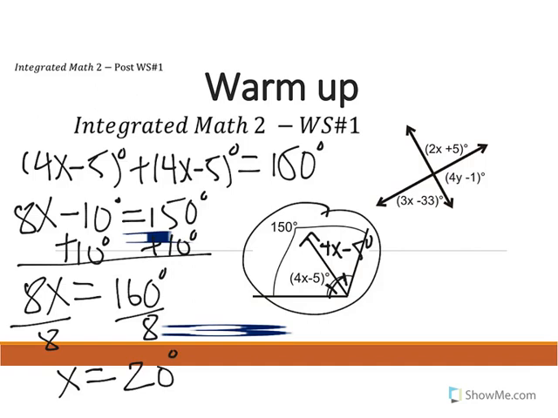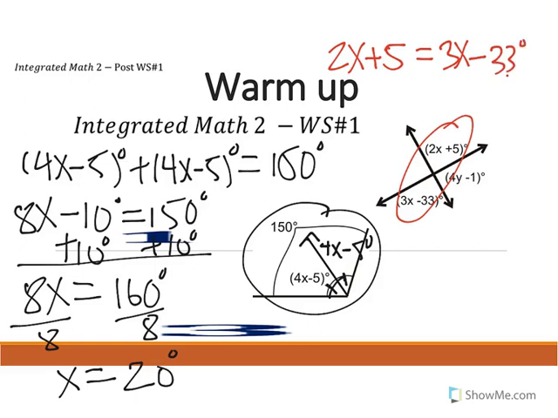Right, and then our next diagram is based on vertical angles. So these two are vertical, so they are congruent, so they have the same measurement. So we can say 2x plus 5 equals 3x minus 33.